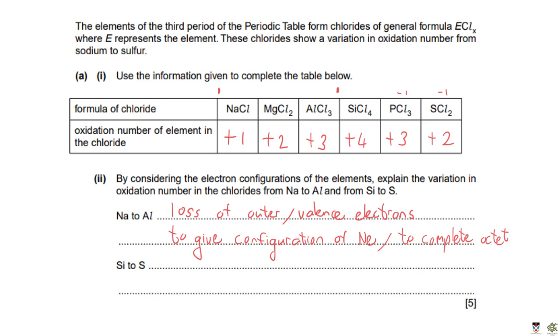For them to get a full outer shell, or an octet of electrons, they need to gain or share their outer electrons. Silicon will share or gain 4, phosphorus needs 3 more, and sulfur 2 more to give them their noble gas configuration.